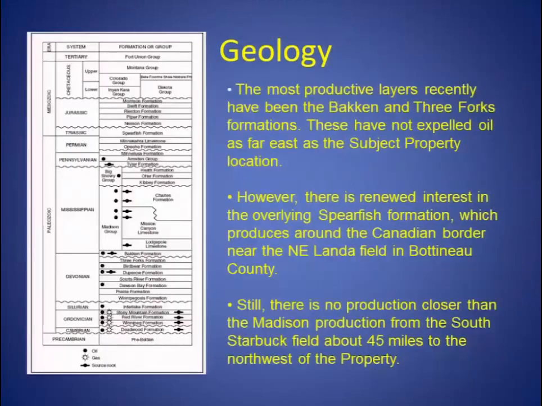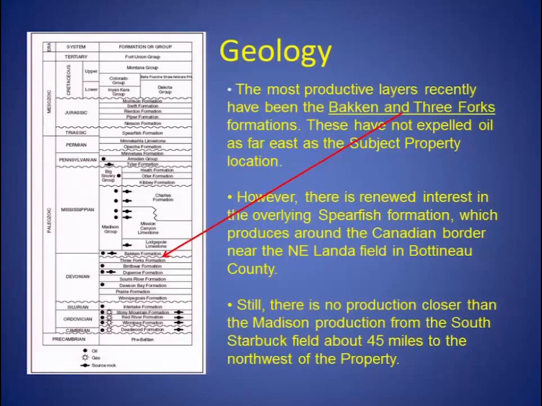To be a little more detailed about the geology, I have here the stratigraphic column, and we know that the most productive members recently have been the Bakken and the Three Forks, which are down about here in the chart, but they have not expelled oil all the way out to Mr. Carlson's property.